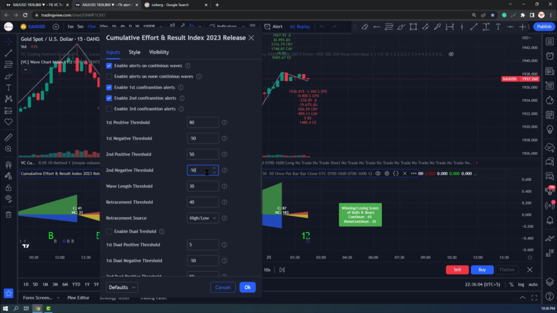If I increase it, for example, if I put here like 68, you will notice that this second confirmation will vanish. You see here, is it clear? If I put like here 65, 64, it will be back.